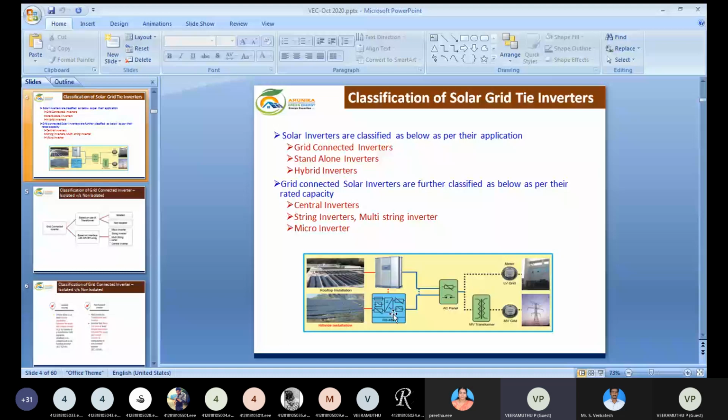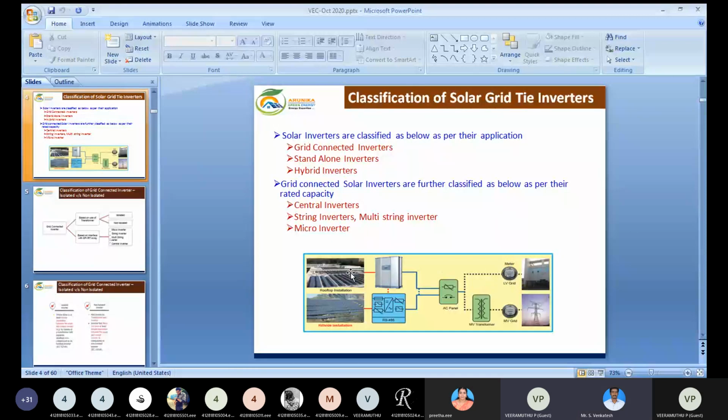For a string inverter, the output is directly fed into the electricity board through the net meter. The central inverter output is directly fed into the HT transformer lines by using a gas meter. In the case of a string inverter, we use a solar net meter.